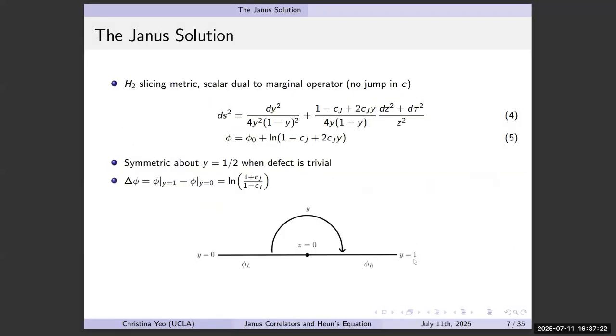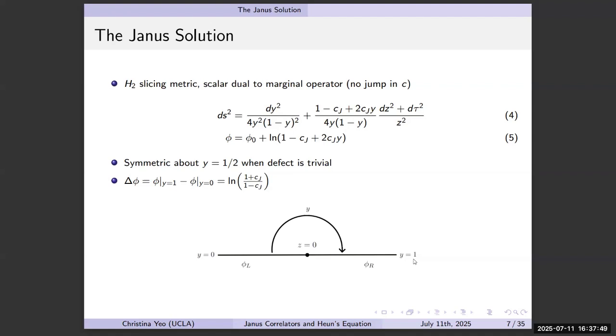Right. So we vary our action, we look at the equations of motion. When we look at this specific solution, it's a Poincaré upper half plane slicing. We made this educated choice because we know it'll give us the Poincaré equation later, which is solvable. So if we look here, this metric, when we have c_J equal to 0, is symmetric about y equals a half.